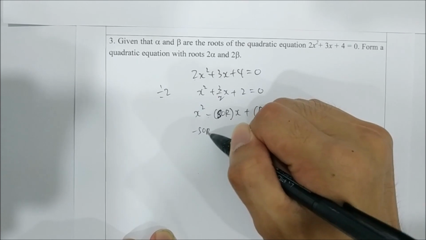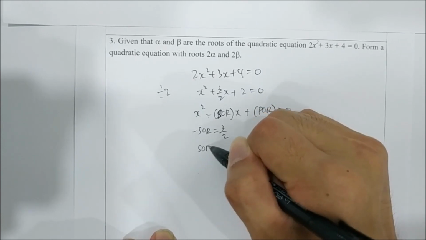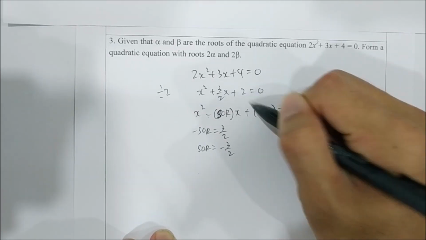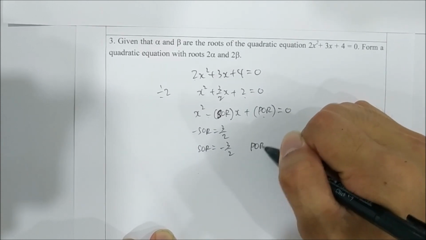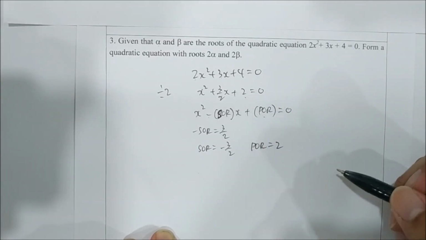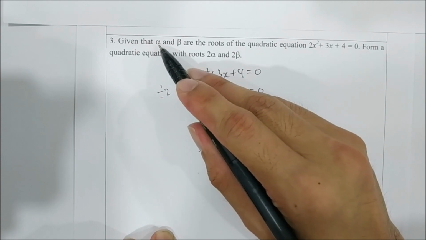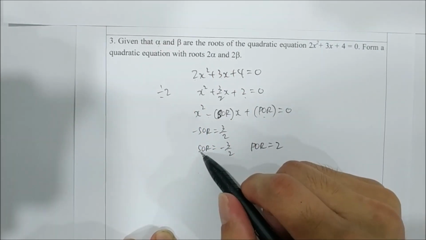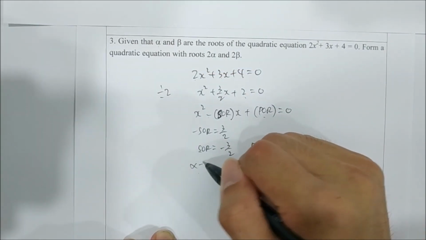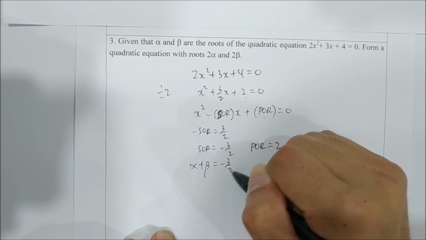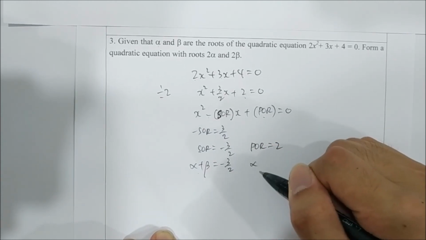So negative SOR equals 3 over 2, SOR equals negative 3 over 2, and then POR equals 2. The roots of this quadratic equation are alpha and beta. So the sum of alpha and beta is equal to negative 3 over 2, and the multiplication of alpha and beta is 2.